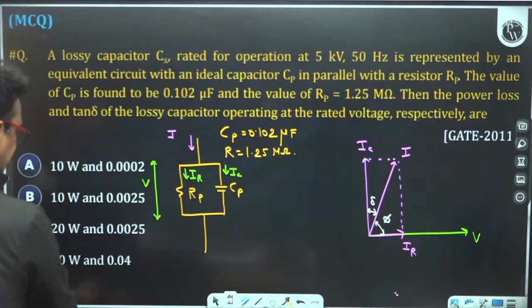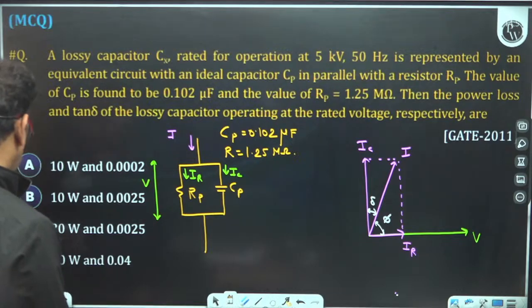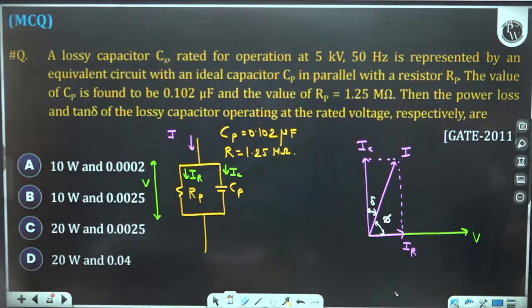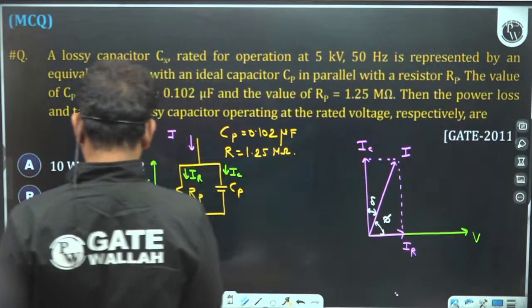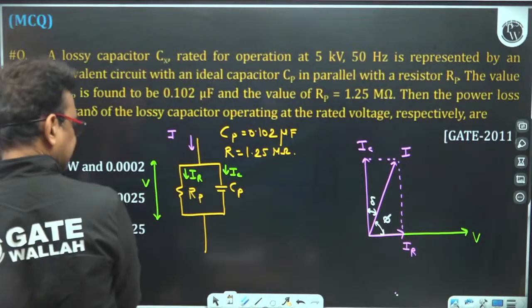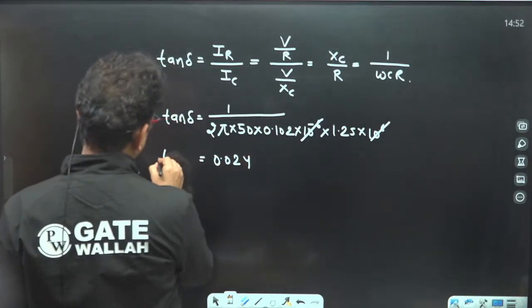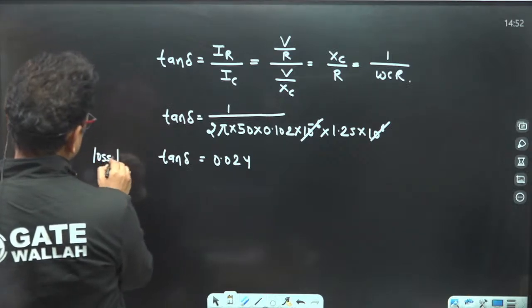That is 0.0249, so tan delta is about 0.024. This is called the loss tangent.